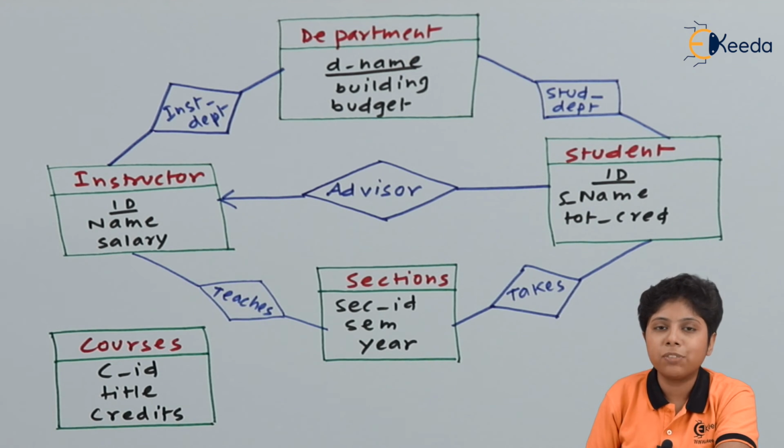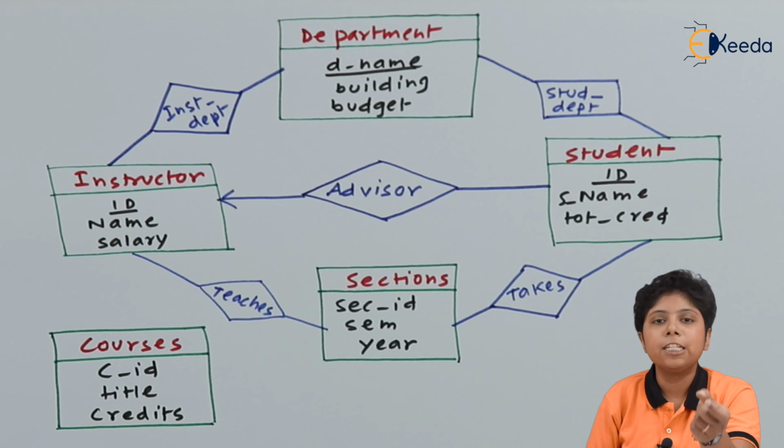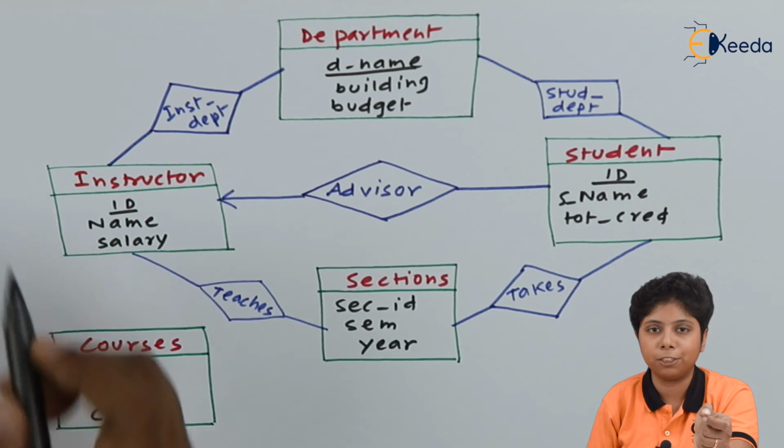Now the course is from the department, the department courses, like the physics department has 5 courses, the chemistry department has 6 courses. So the course_dept is the relation between the course and department.